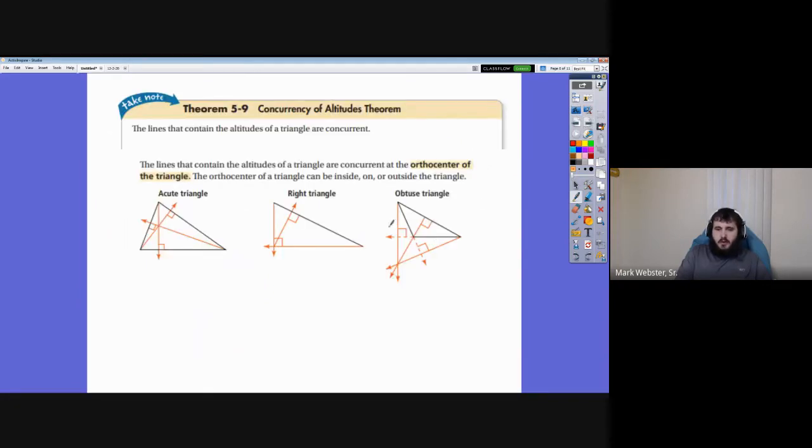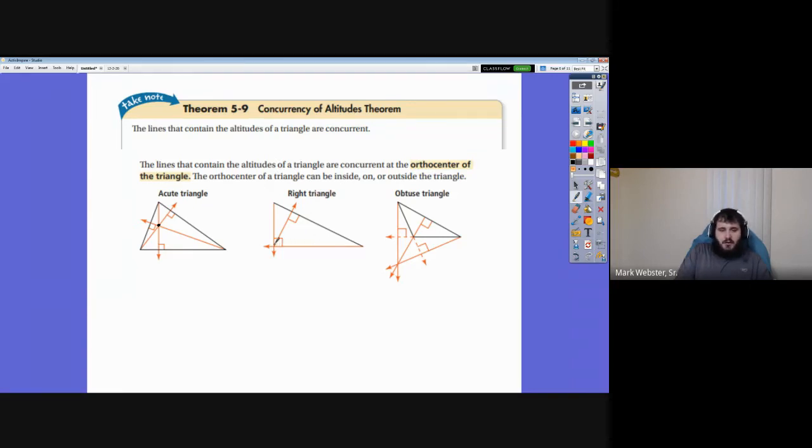There we go. Just like when we were talking earlier this past Thursday about the circumcenter. Remember how the circumcenter could help you determine whether you had an acute, a right, or an obtuse triangle? Same thing here. The acute triangle is going to have its orthocenter in the middle, somewhere inside the triangle.